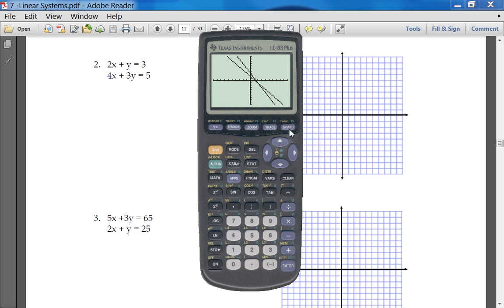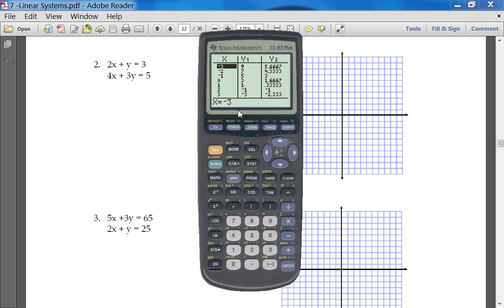Then you go second trace, number 5, enter, enter, enter. So the answer is 2 comma negative 1 for this one. And again, if you want to sketch this out perfectly, then you go second graph to the table and grab some points that work.